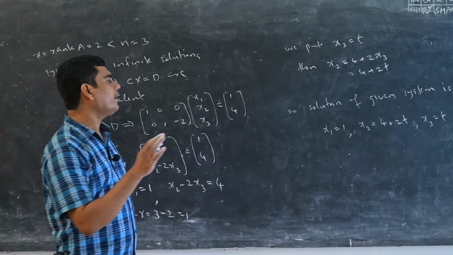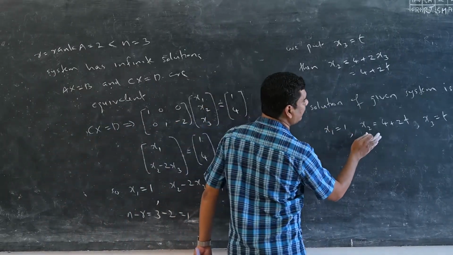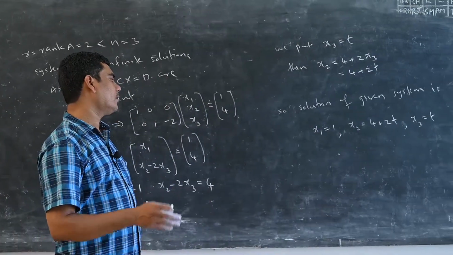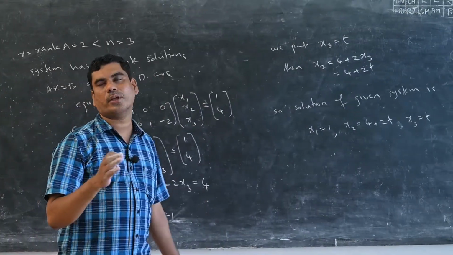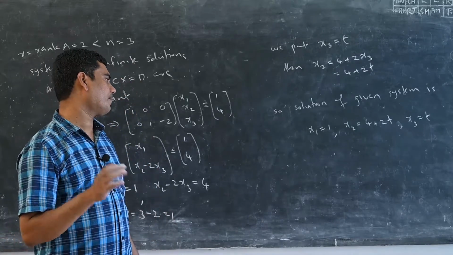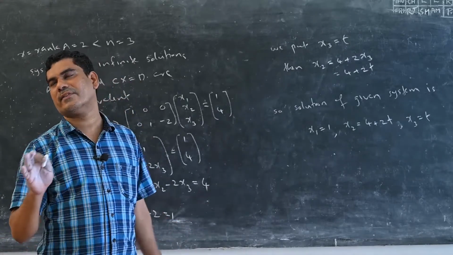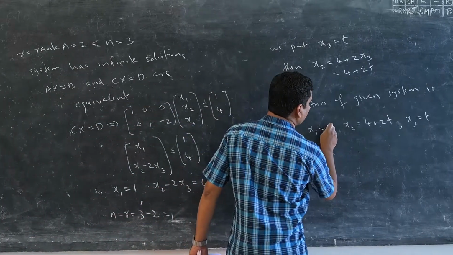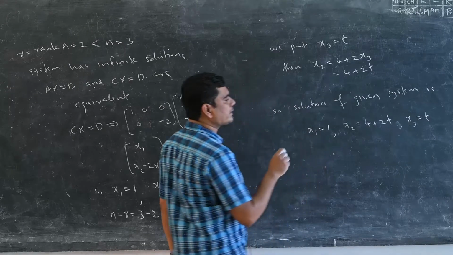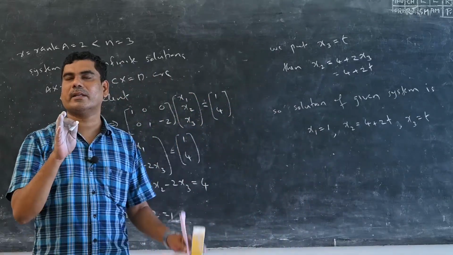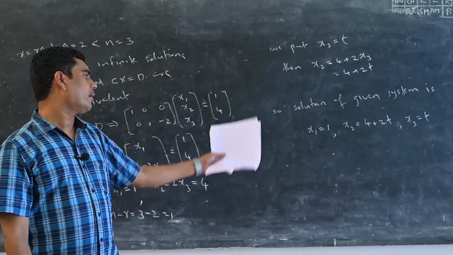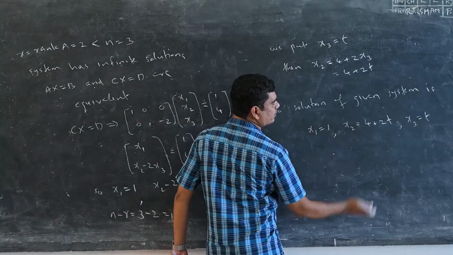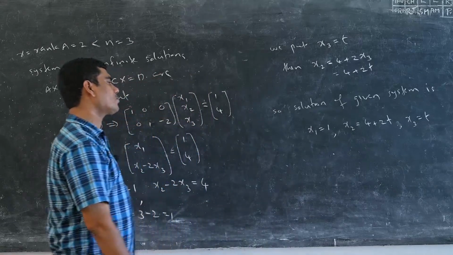So if we give t any real number, x1, x2, x3 satisfies each of the two equations in the given system. So this system has infinite solutions: x1 is equal to 1, x2 is equal to 4 plus 2t, x3 is equal to t, where t is any real number. If we give t any real number, then this x1, x2, x3 is a solution of the given linear system.